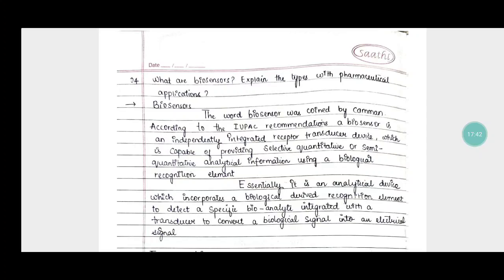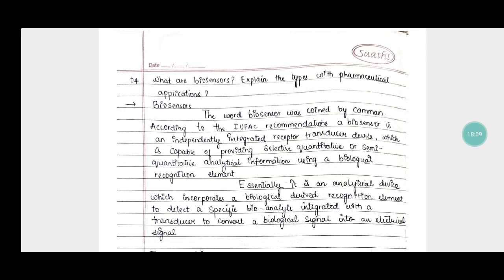The word biosensor was coined according to the IUPAC recommendation. A biosensor is an independently integrated receptor transducer device which is capable of providing selective quantitative or semi-quantitative analytical information using a biological recognition element.